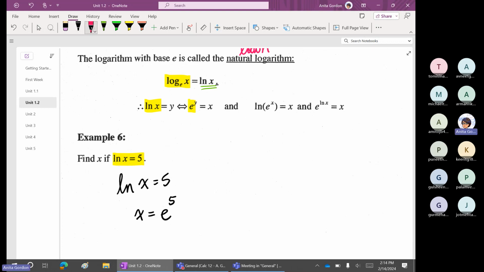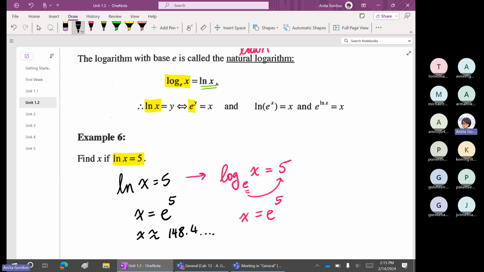Again, if you didn't follow that, this is the same thing as saying log base e of x equals 5. I'm taking the base, moving it over here, so I get x equals e to the 5. I'm following the same log rules, but using a base of the natural number e. You need to throw that into your calculator. This is approximately 148.4.